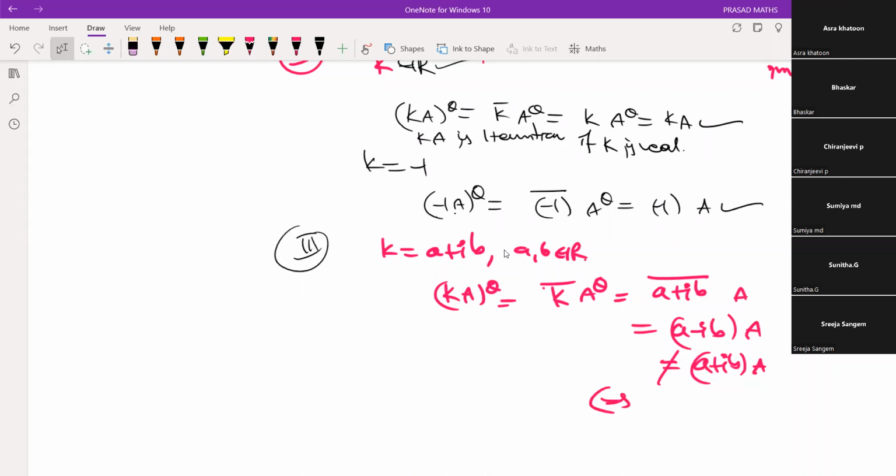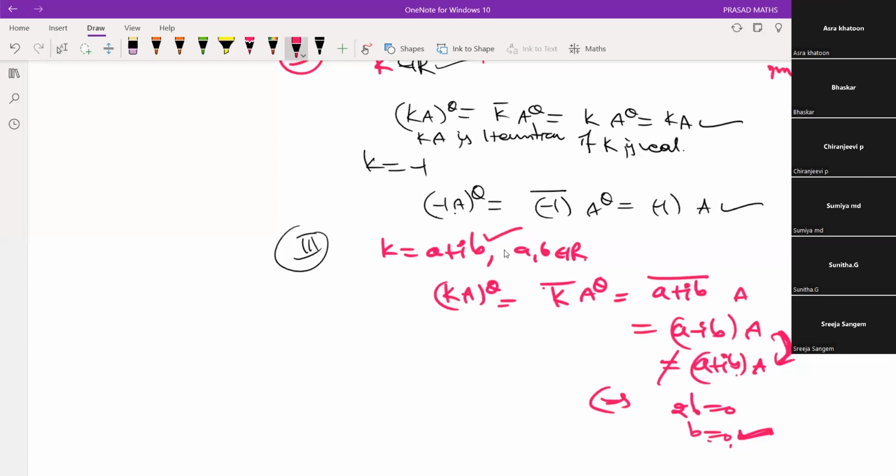When do you say that they are equal? When 2b equals 0, that is, minus b equals b. That means b equals 0. So whenever b equals 0, K is a real number. In general, this result may not hold: a minus ib into A may not equal a plus ib into A. But this can be equal whenever b equals 0, and whenever b equals 0, K is a real number.